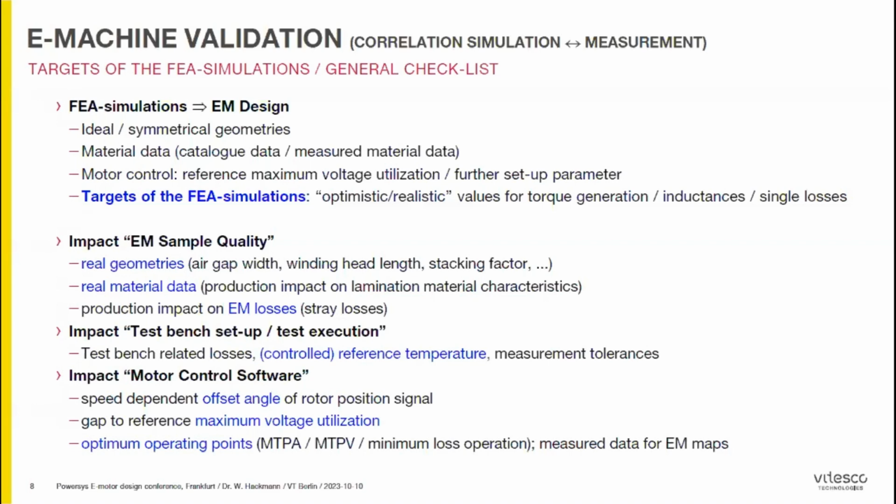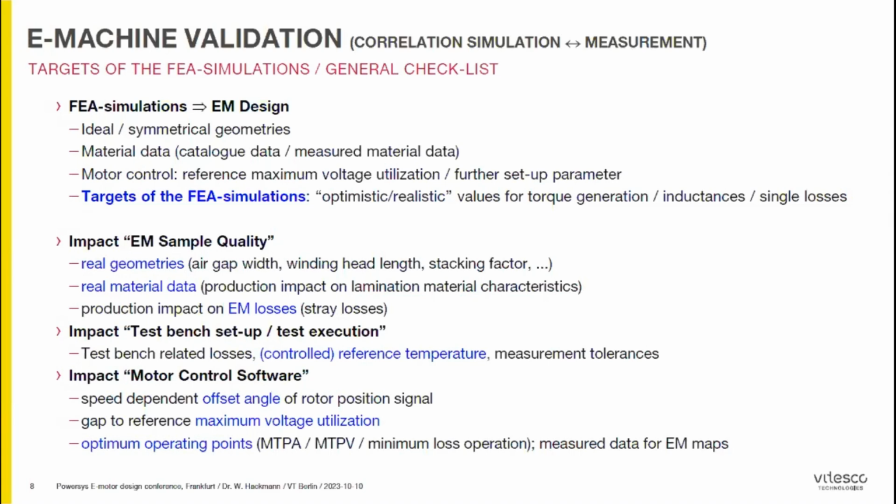And with this I'm starting, and the target of my simulations is to get optimistic, realistic values for torque generation, inductances, and losses, over a very wide speed range. As I told you, normally maximum speed is 16,000, 18,000 RPM, so the frequency dependent effects are very dominant in such a system. This has to be realized also with my simulations.